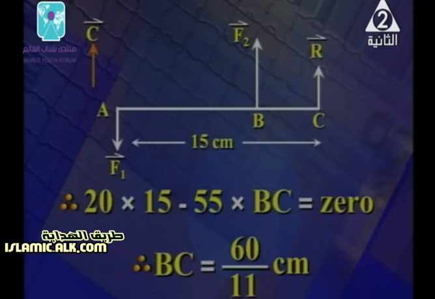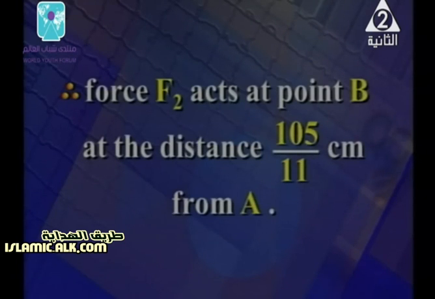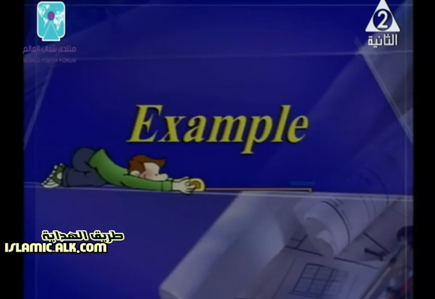This means F2 is at a distance of 60 over 11 centimeters from C, or 15 minus 60 over 11 from A. Then force F2 at point B is at a distance of 105 over 11 centimeters from A. Dear student, now we are going to translate another important example.